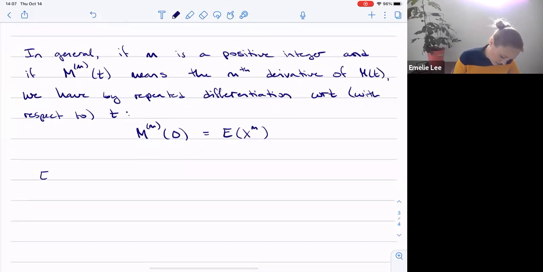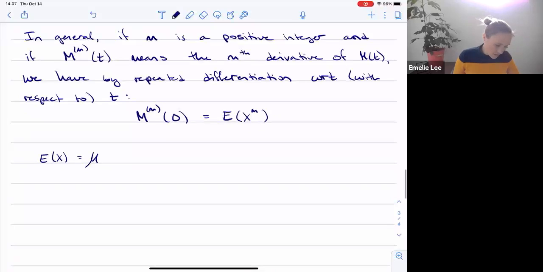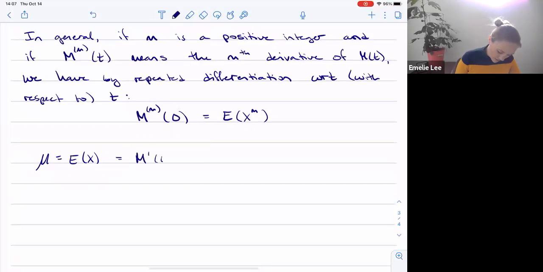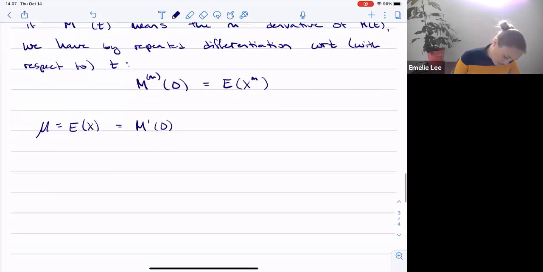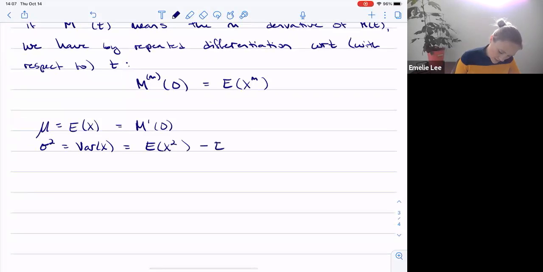So mu is the expected value of X, which is M prime at 0. Sigma squared is the variance of X, which is the expected value of X squared minus the expected value of X, then squared.